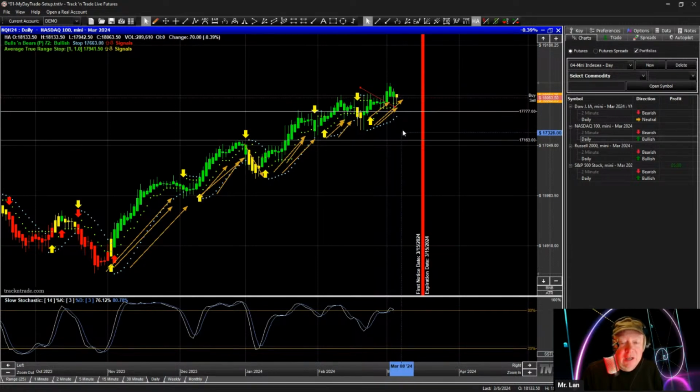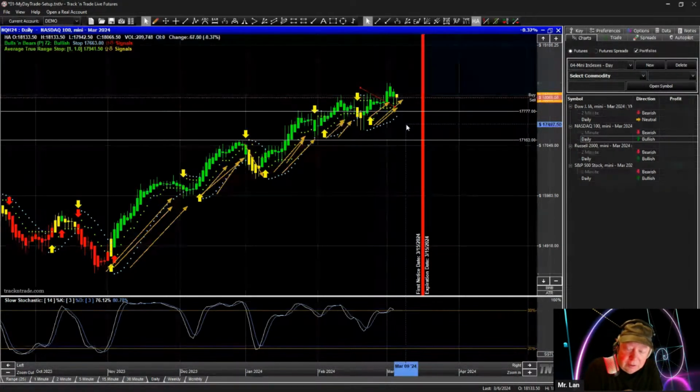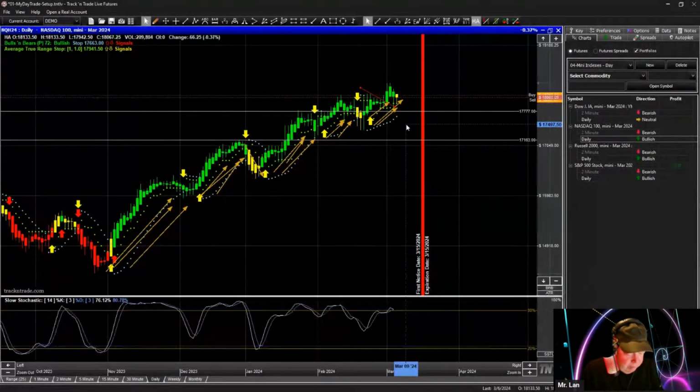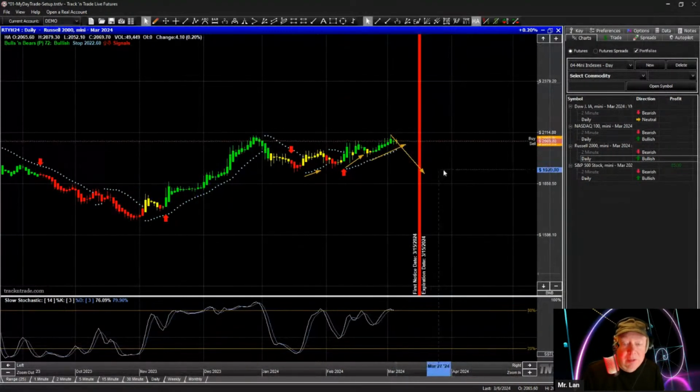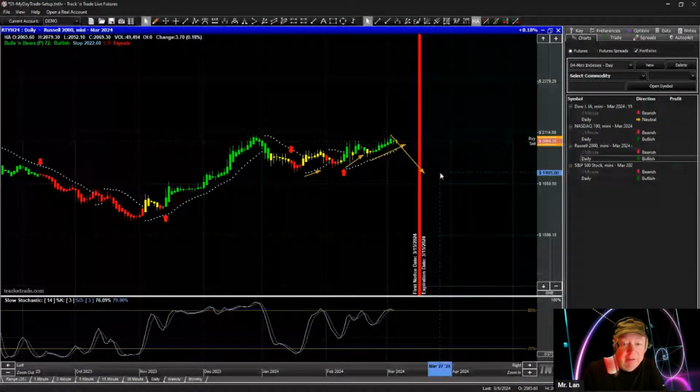If it flushes down, it might stop me out. But I've been taking profits along the way, so I've been doing pretty good, pretty happy with what I've done so far. Pretty happy with these markets, man. I've been making a lot of money, more money than I've made in a long time. That's a good feeling to have.